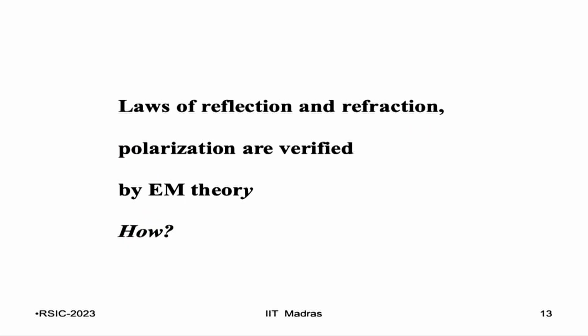After you go through those 4 Maxwell's equations and talk about the speed of light, only then can you prove sin i by sin r is equal to n, sin i is equal to sin r, the law of reflection and law of refraction, by using these wave equations.